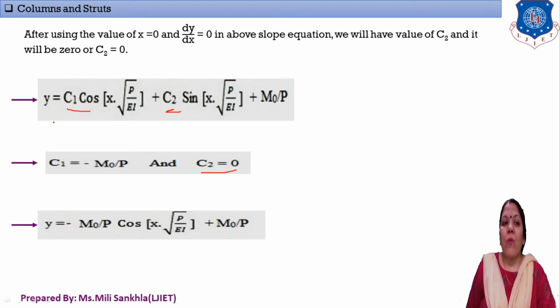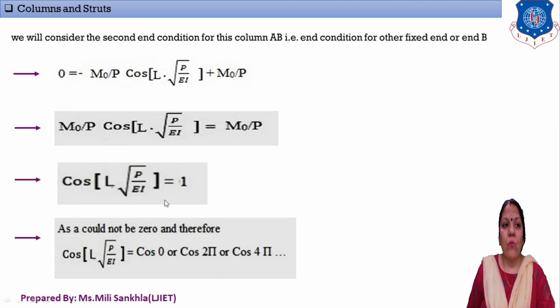Now y, put the value of C1 constant: y = -M0/P cos(x√(P/EI)), the C2 term is 0, that means this total term is 0, plus M0/P. Clear?